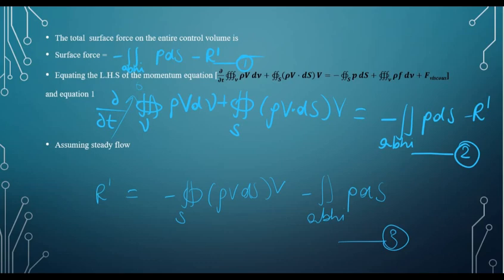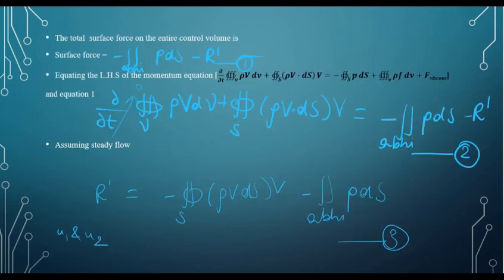So what we will do is consider this equation for the control volume, and that is for the x component. We will look at the x component of this equation. We know the inflow and outflow velocities are u1 and u2.